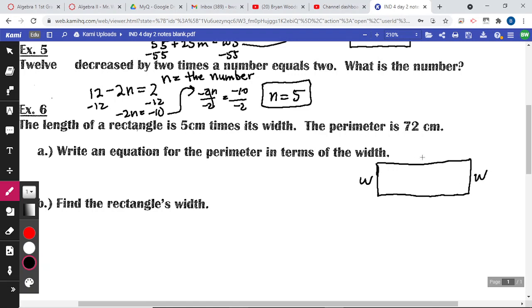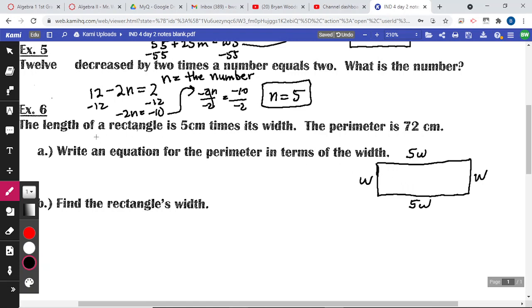And what is this length up here in terms of W? We can write that length, correct? That is, it's 5 times its width, right? So that's 5W. And we just label everything like that. So now we need an equation.